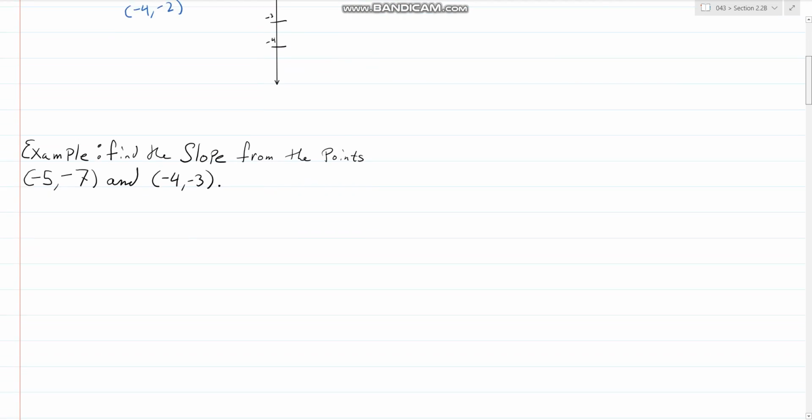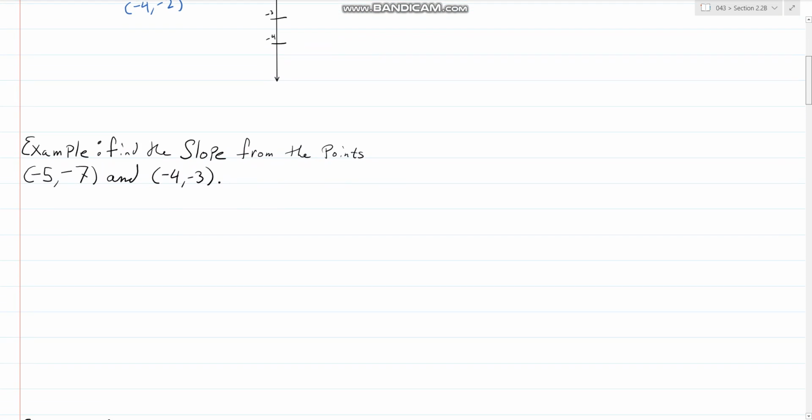Now, let's look at an example. Find the slope from the points (-5, -7) and (-4, -3). If you know the formula, then you don't have to graph it anymore. You can just use the formula. So m equals y2 minus y1 over x2 minus x1.